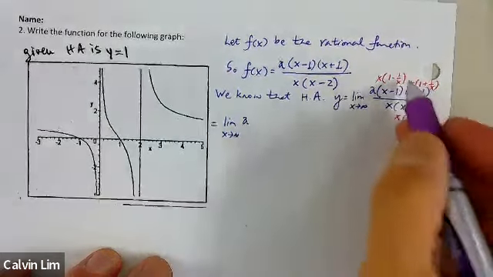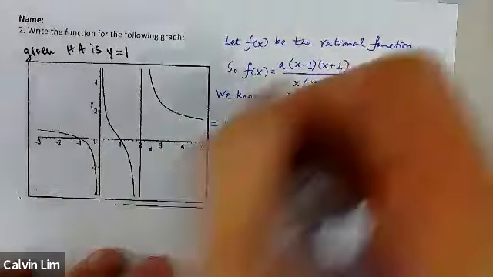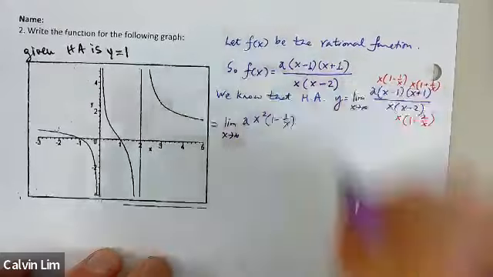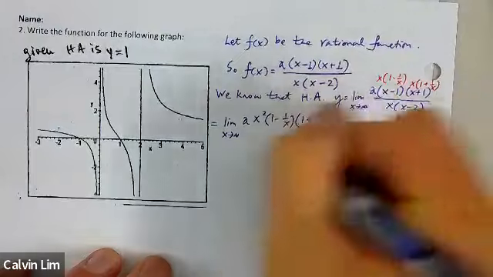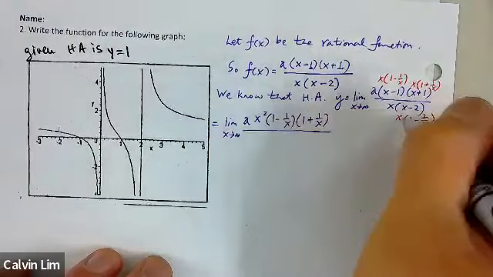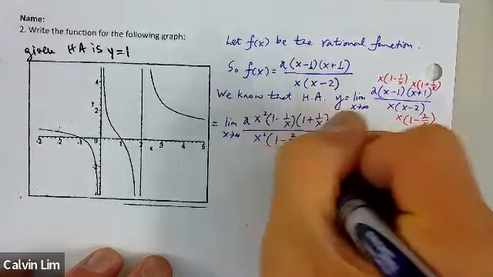The numerator is x squared times 1 minus 1 over x times 1 plus 1 over x, divided by x squared times 1 minus 2 over x.